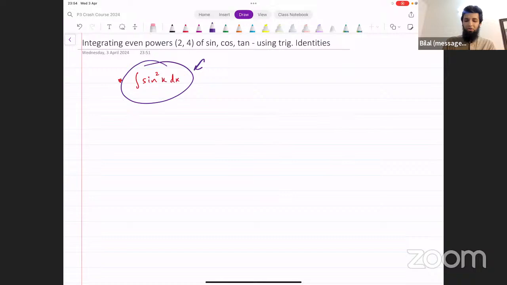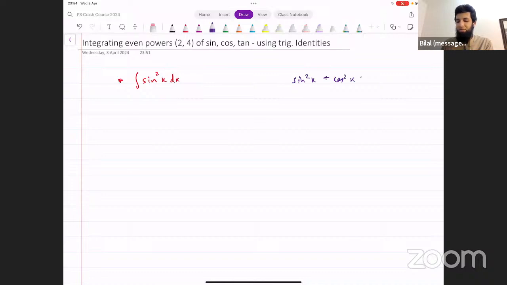Now look at the formula sheet and think about what different identities you have for sine square. Sine square comes in 2 identities in the formula sheet. One is sine square plus cos square identical to 1. If you were to use that, you could write sine square as 1 minus cos square, but that's not really very helpful because you still have a square. How do you integrate cos square then?